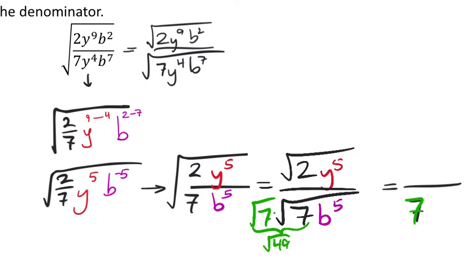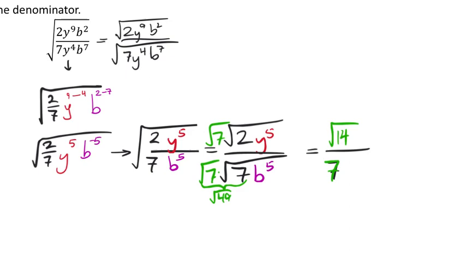But if you do it to the denominator, you must also do it to the numerator. So I'd have to take the square root of 7 times 2, which would be the square root of 14. I'm going to move that over a little bit so there's a little bit extra space.